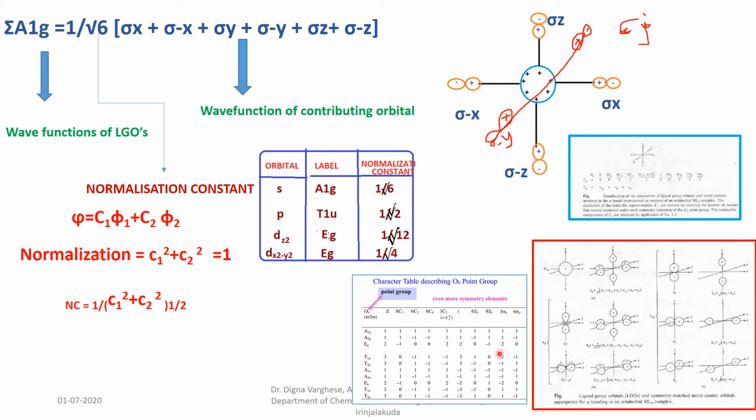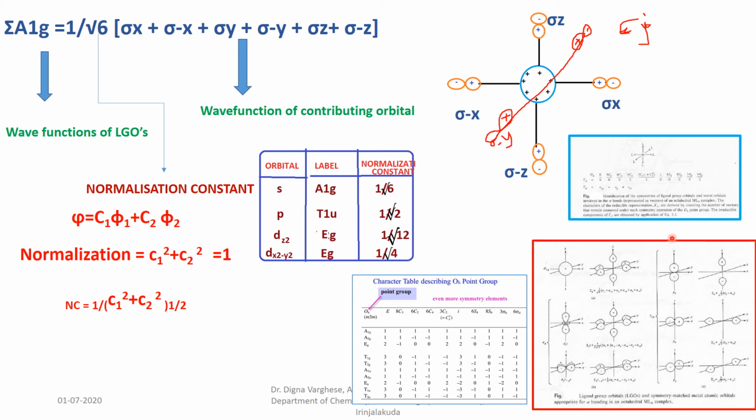We get the reducible representation by counting the number of vectors that remain unchanged by each symmetry operation, and it yields A1G, EG and T1U as its irreducible components, indicating that these are the symmetries of the metal and ligand group orbitals that will be suitable for forming sigma molecular orbitals in the complex.